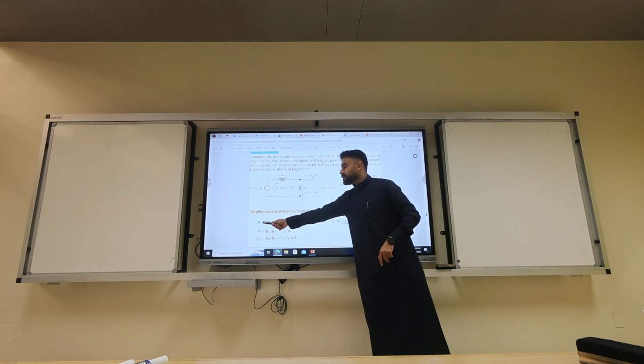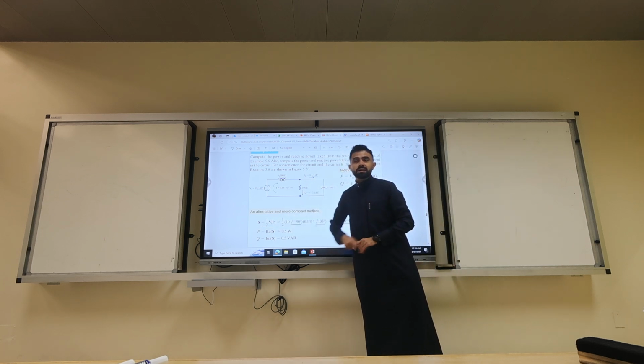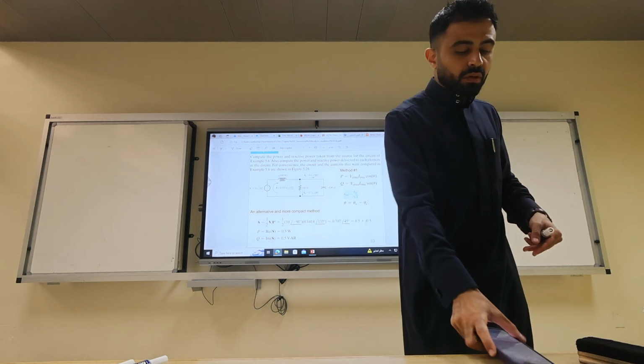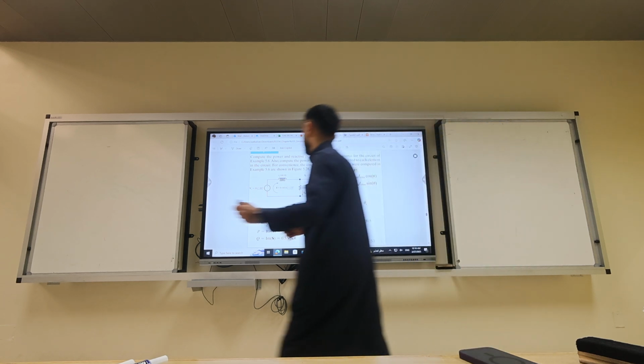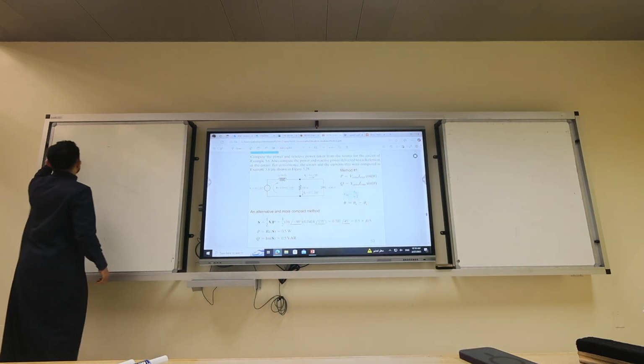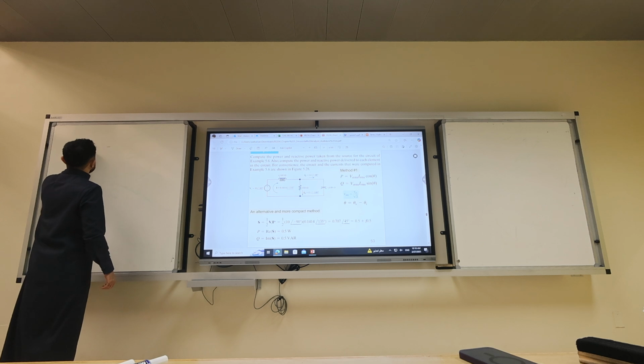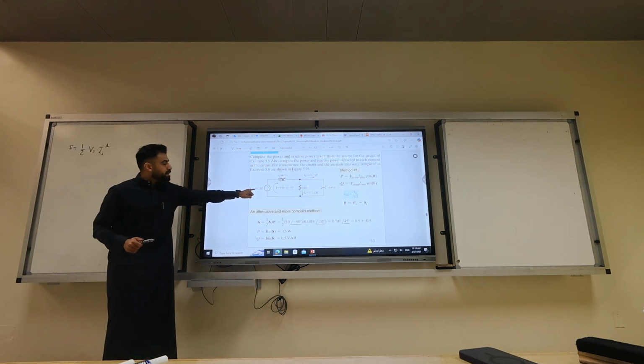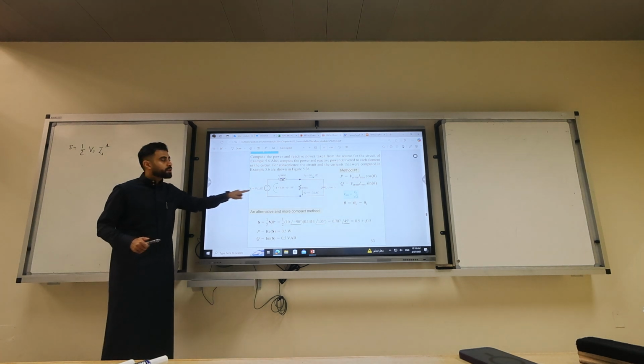So we use the fundamental theorem of complex power, which is S equals half Vs Is conjugate. Again, is this max or RMS? Is the 10 here max or RMS? Max, it's Vm.